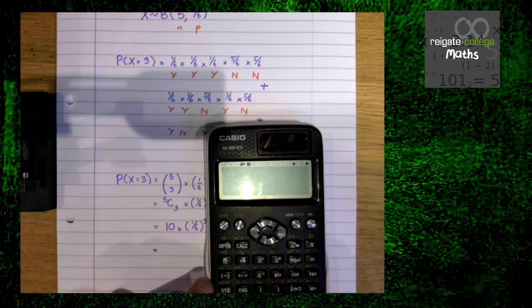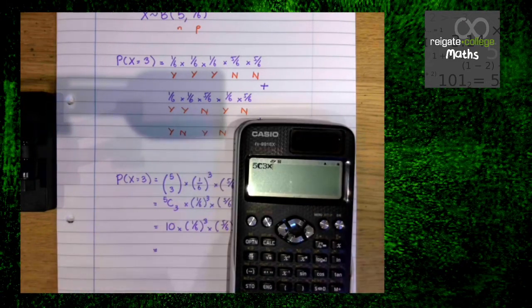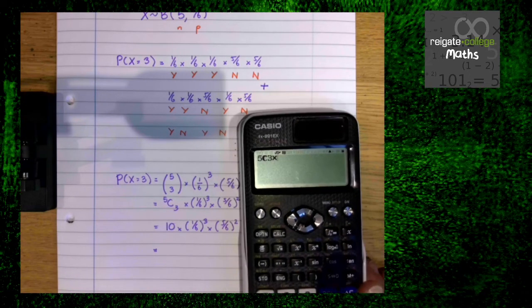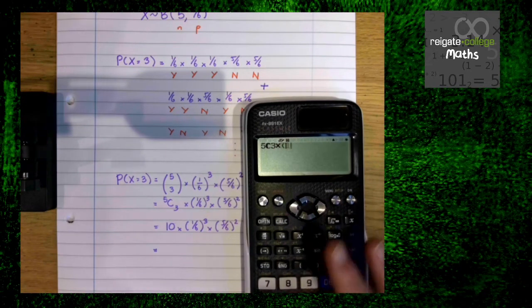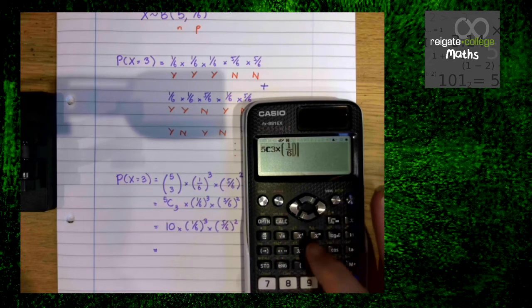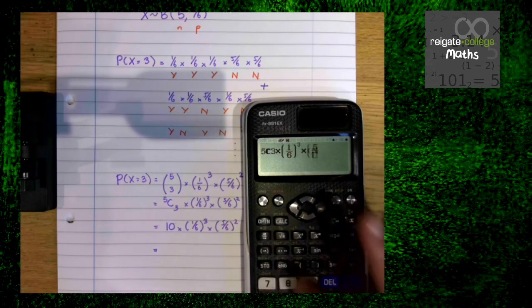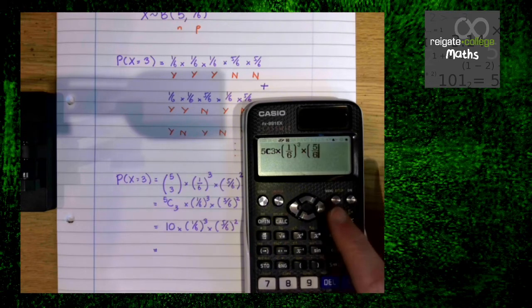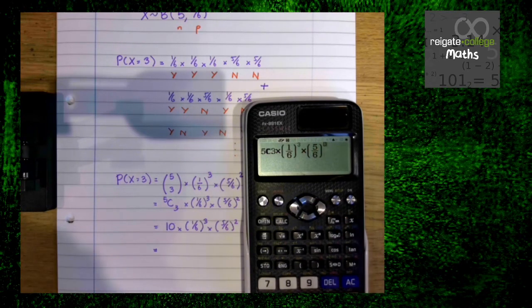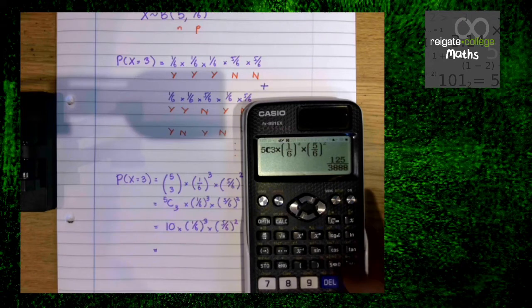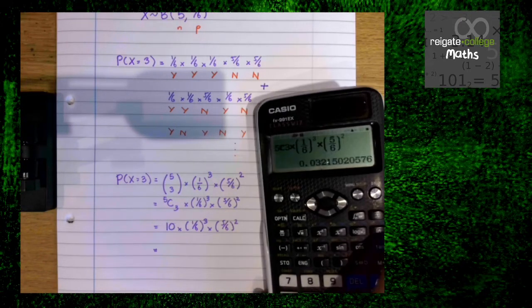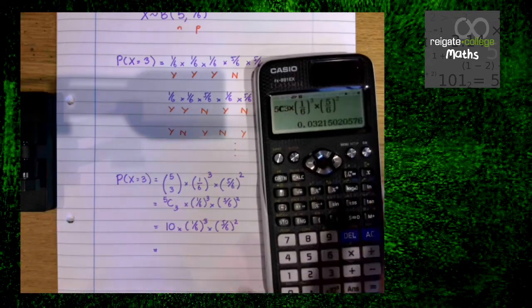So, being careful with typing in your calculator. We've got 1 over 6 to the power of 3 times 5 over 6, to the power of 2. Now we could write it as a fraction, but typically we'll give our answer to 3 significant figures.